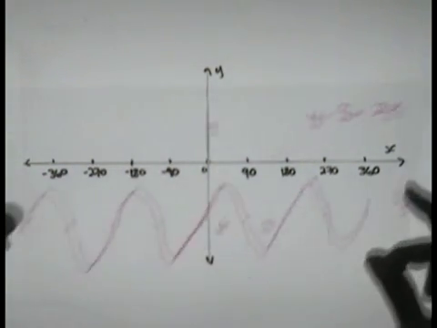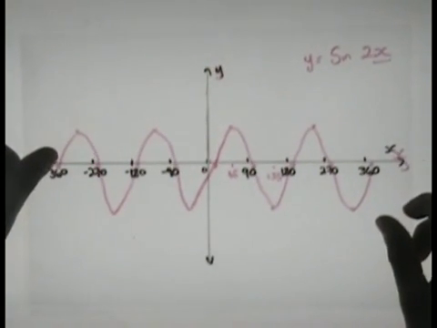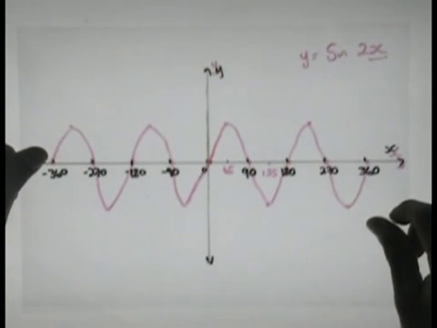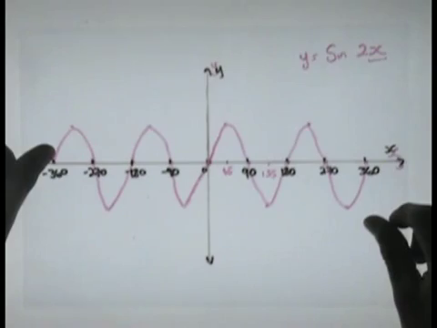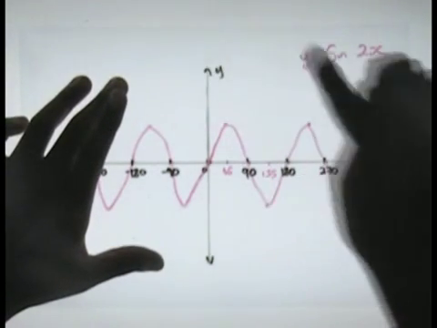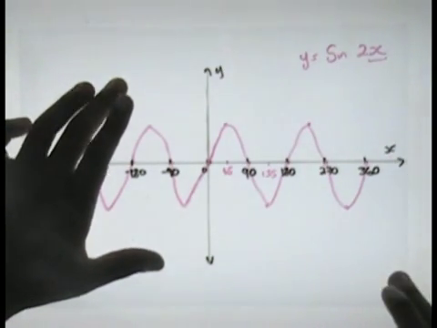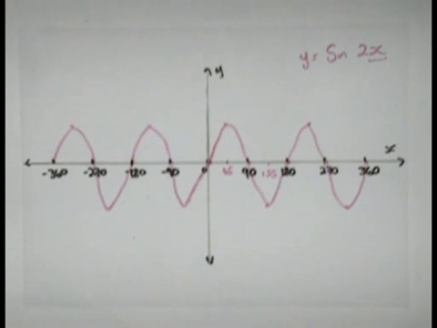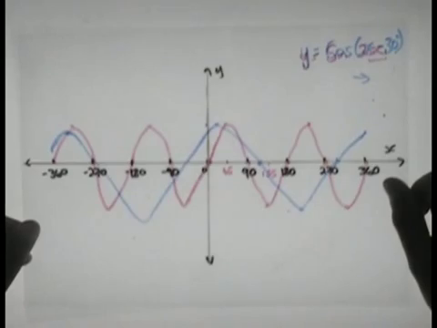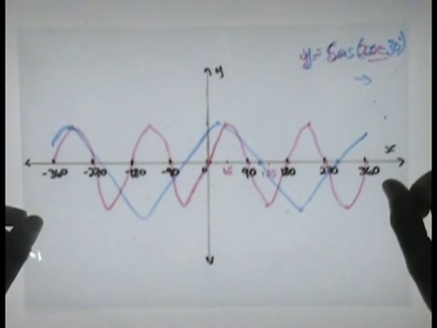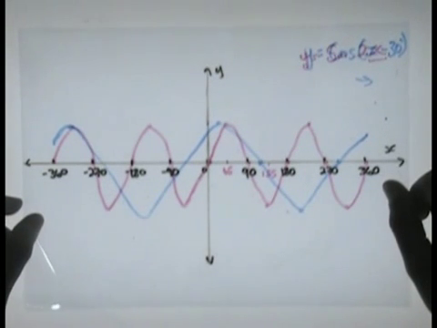And I'm going to take my graph, sine of 2x, and put this on my axis. The next graph I'm going to draw on is the graph that I did earlier, y is equal to cos of x minus 30 degrees, which will go over there.